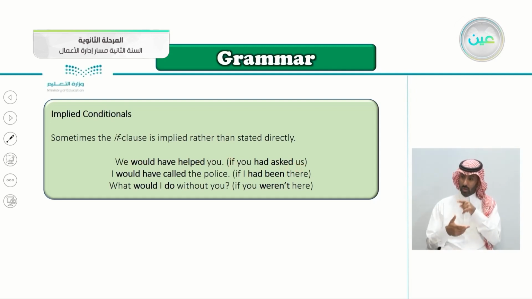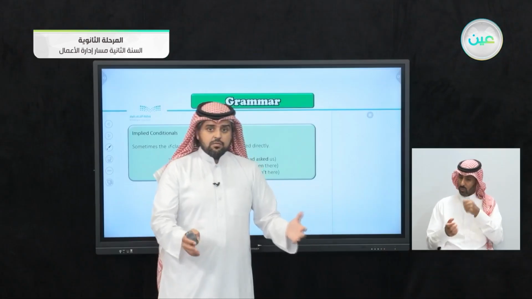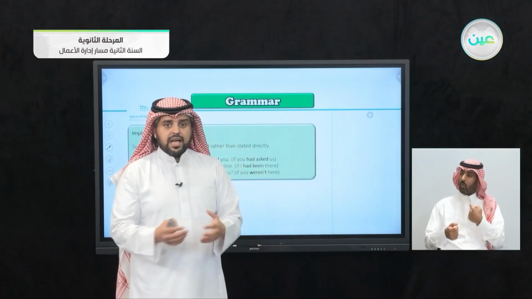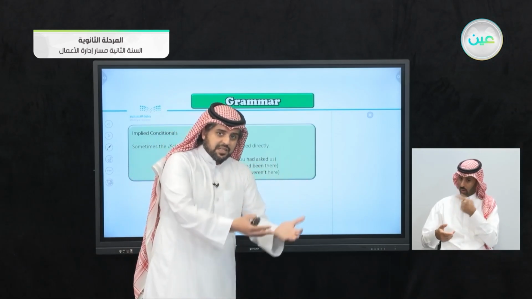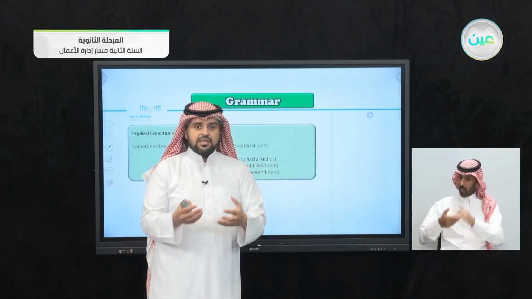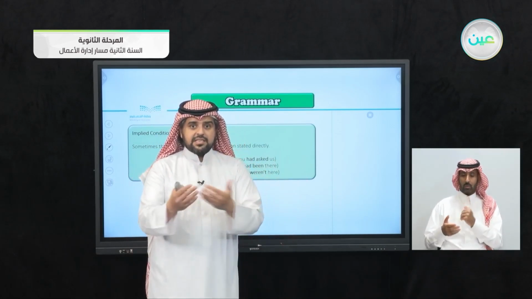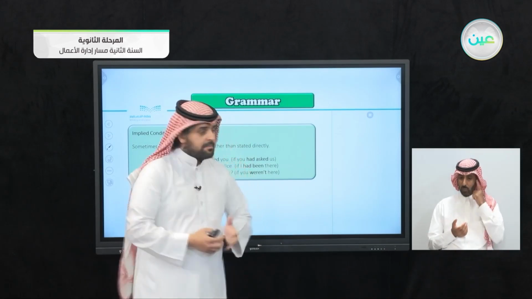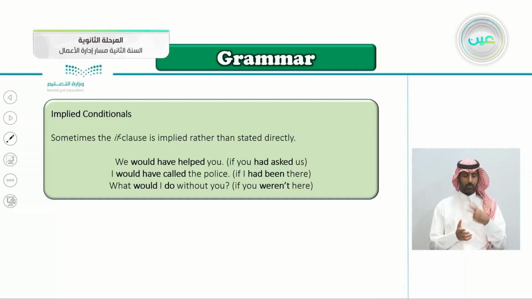Maybe your friends walked into your room and saw you cleaning the room. They said, we would have helped you. They don't have to say, if you asked us, we would have helped you, because it is implied here. It is mutual understanding. Number 2, I would have called the police if I had been there.